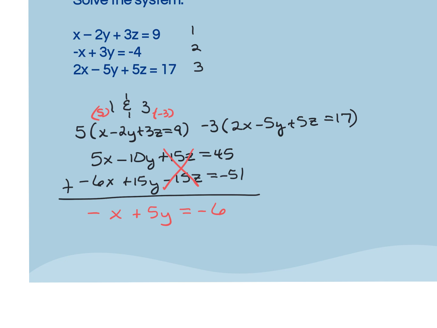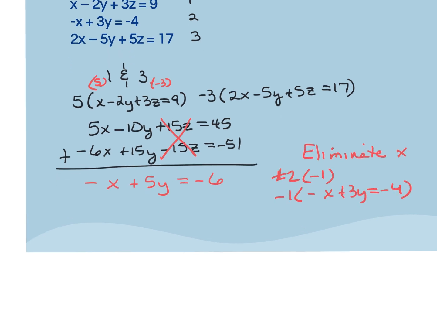And I want to eliminate the x. So now I'm going to eliminate x. The way that I can do that is take equation number 2, and I'm going to multiply it by negative 1. So negative 1 times negative x plus 3y equals negative 4.